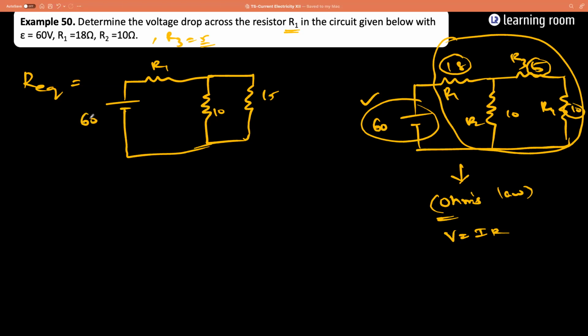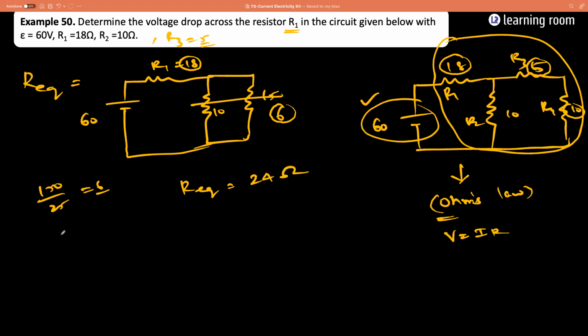Now this 10 and 15 are connected in parallel. So how much will it be? 150 by 25. It is going to be 6. So 6 and this 18, how are they connected? Series. So what will be the value of R equivalent? 24 ohm. So the circuit will look like this.